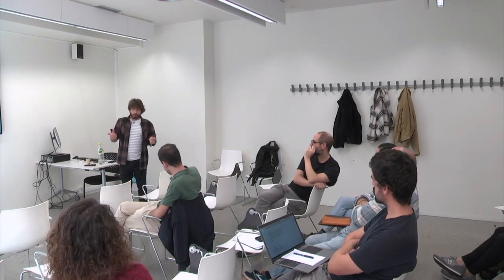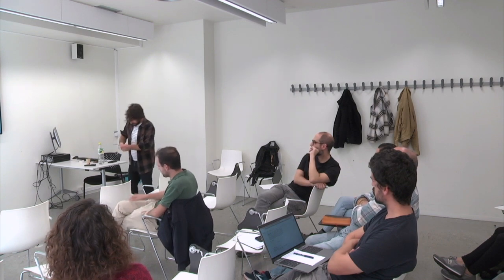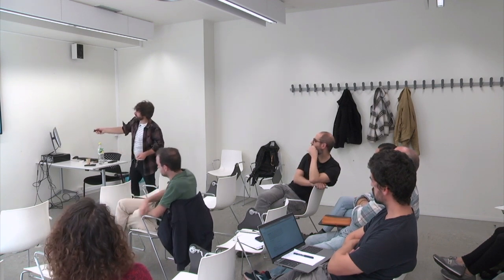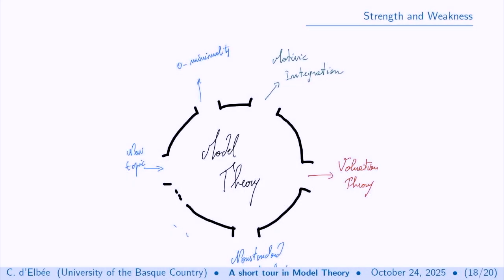It's always the same thing, because of this last slide: when an area is almost about to leave model theory, then the reaction can be, okay, maybe we can modify our setting a little bit so that it corresponds more to this.